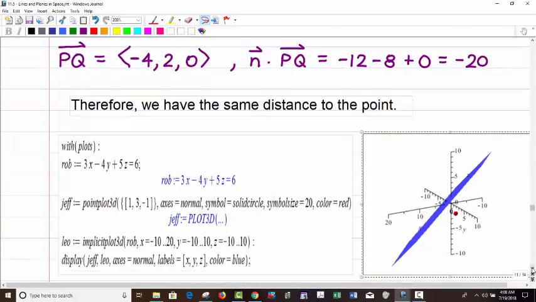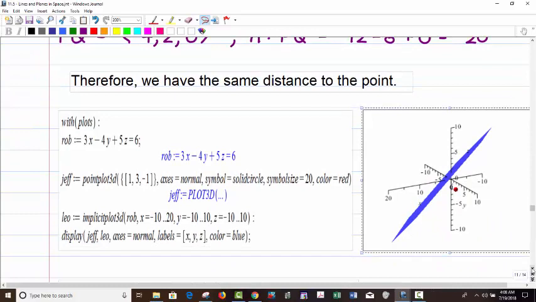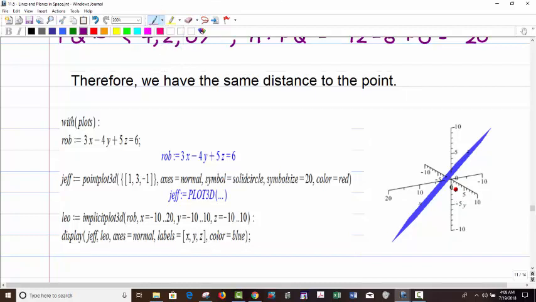Now here's a little Maple shot, a graph of it, where I put in the equation of the plane, and that big ball represents the point. So we're saying that this distance, from here to here, is 20 divided by square root of 50, which is 2 root 2, which is roughly around 2.8.